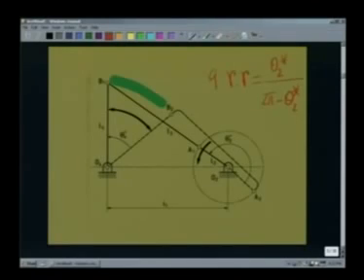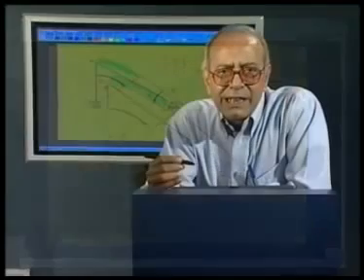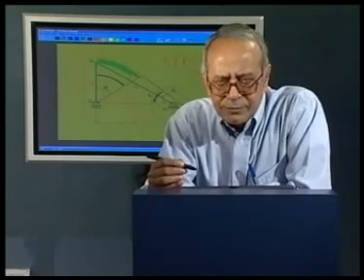Our objective is to determine the relationship between the various link lengths, namely the fixed link L1, the crank length L2, the coupler length L3 and the follower length L4, so that we can determine whether there is any quick return effect or not.